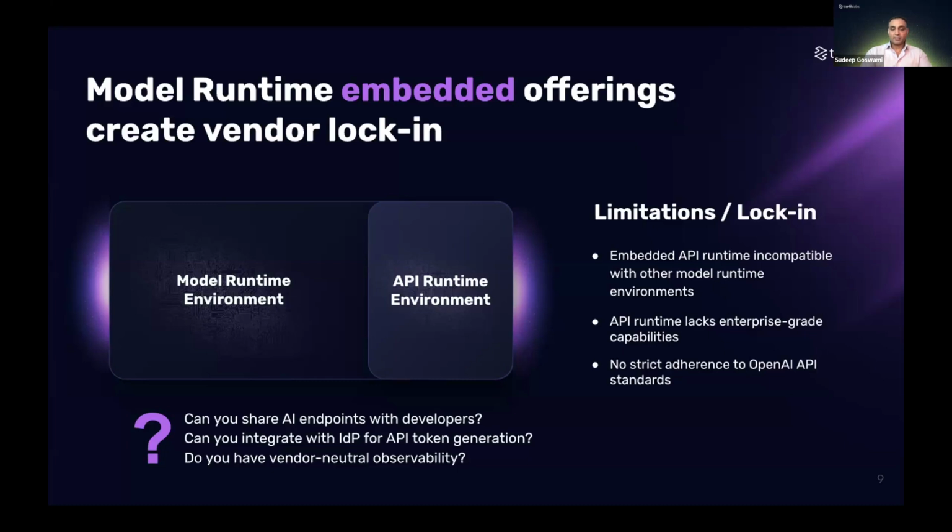And then the third is, when you look at observability, so when you're looking at your metrics, your logs, your traces, the behavior and characteristics of how these models and APIs are working, are you being offered a vendor-neutral way to do this, or is it proprietary?